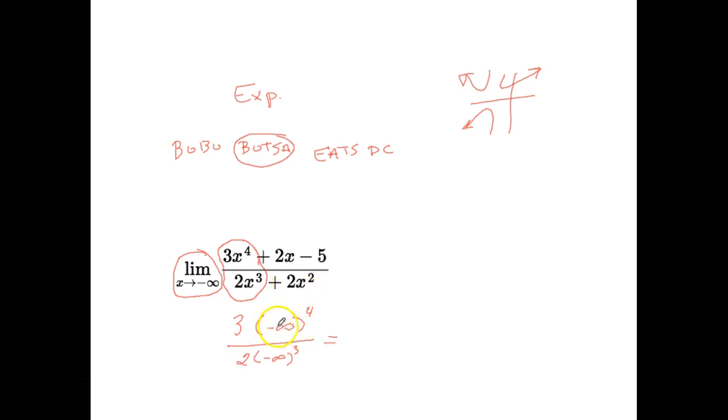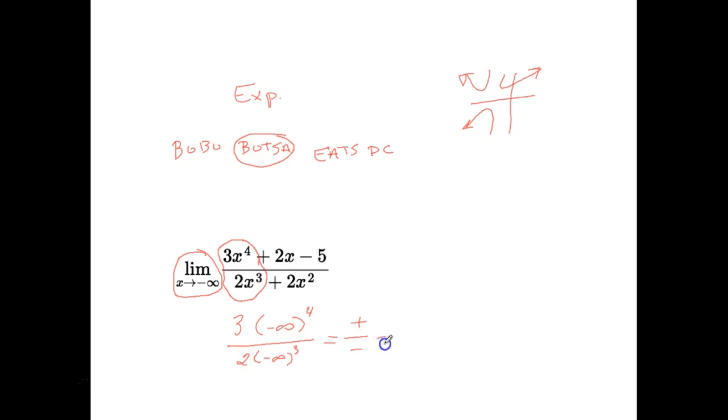On top, a negative number being raised to the 4th power. Anything raised to an even number makes this positive. So this is a positive number multiplied by a positive number. That's a positive. On the bottom, we have a negative number being cubed. That keeps it negative. Times a positive, that keeps it negative.